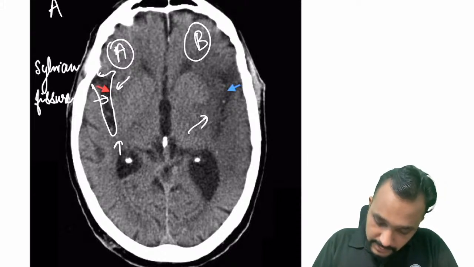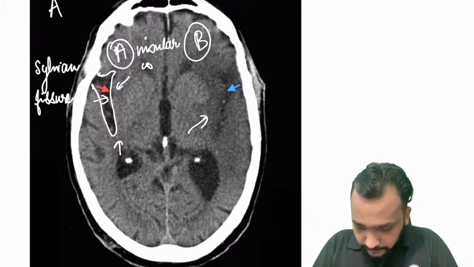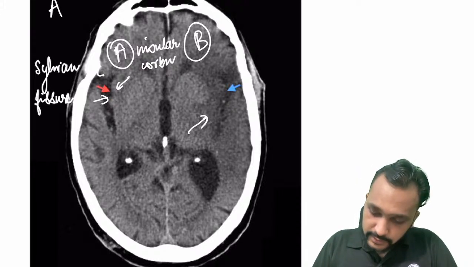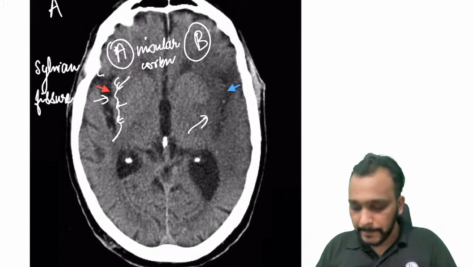is known as insular cortex. And if you look at the appearance of this insular cortex, guys, it has a wavy appearance, like a ribbon.